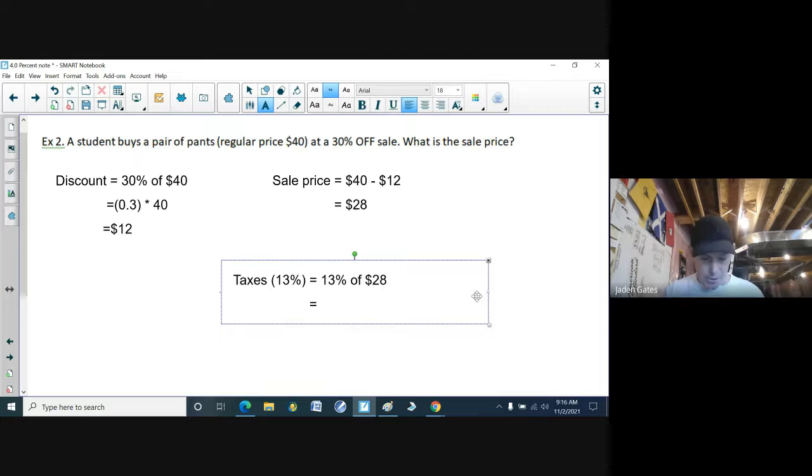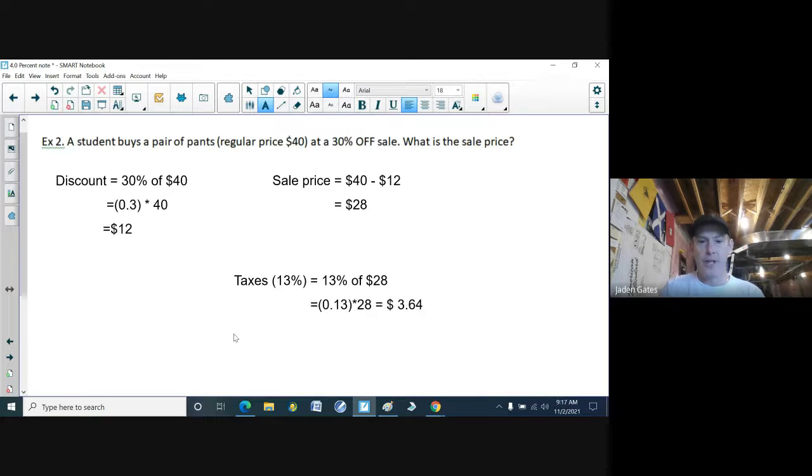So I take 13 and divide it by 100, and I get 0.13. Same thing, times it again, because of is multiply, by my 28. And so the taxes on this pair of pants is, let me see, $3.64.